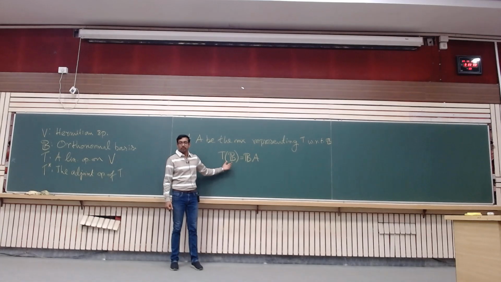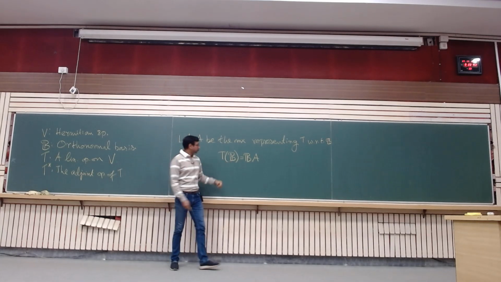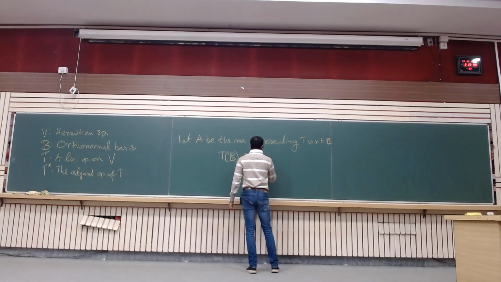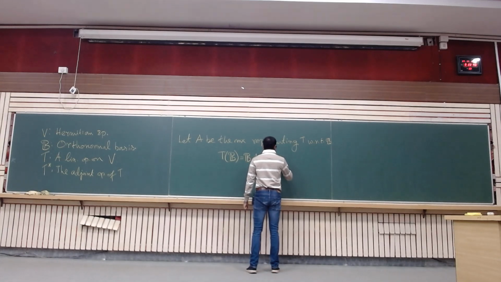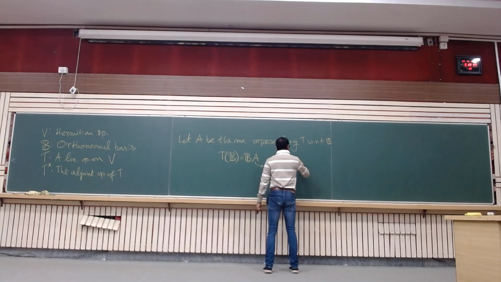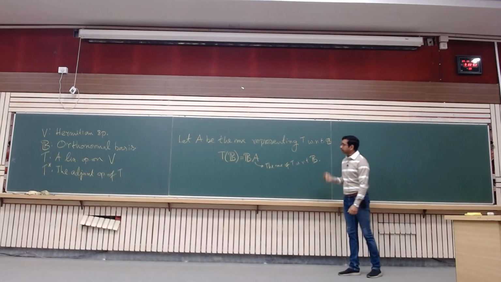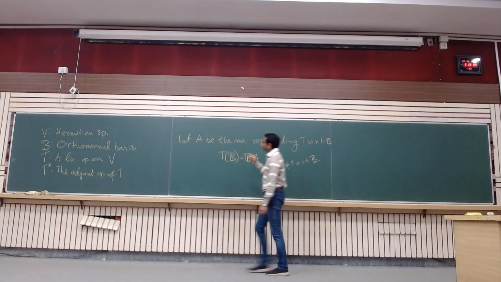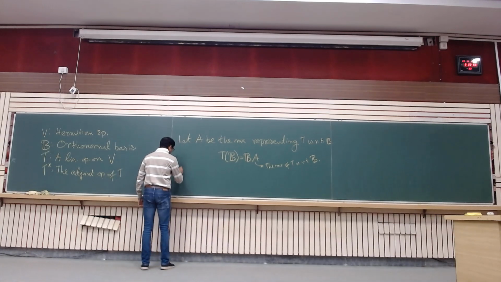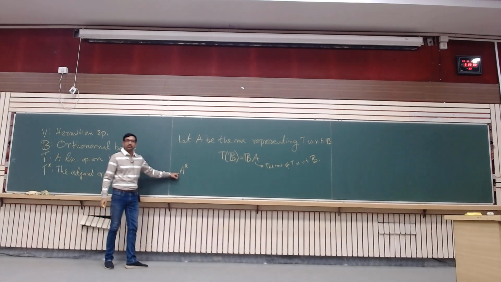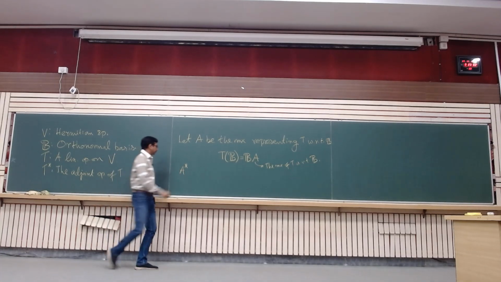Since it's a linear operator, TB is equal to BA, and this is called the matrix of T with respect to B. Now you know what this matrix is, right? What is A star, the adjoint of A?